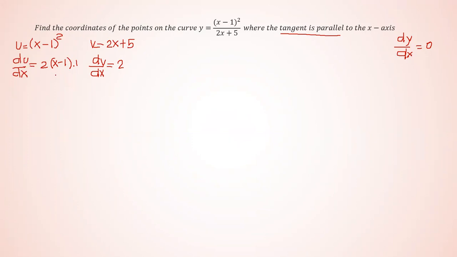Okay, and dy/dx we may determine according to the formula: v times derivative of u minus u times derivative of v, over v squared, and v equal to x plus 5.